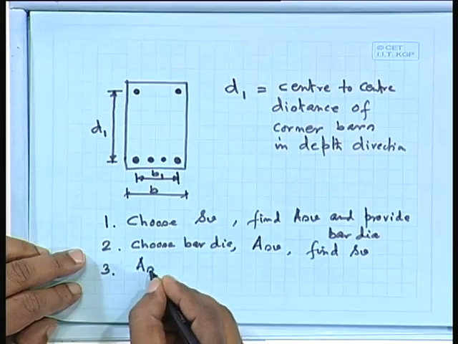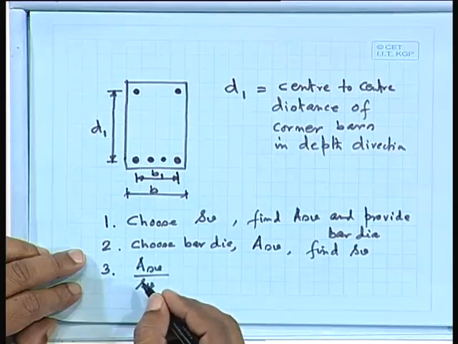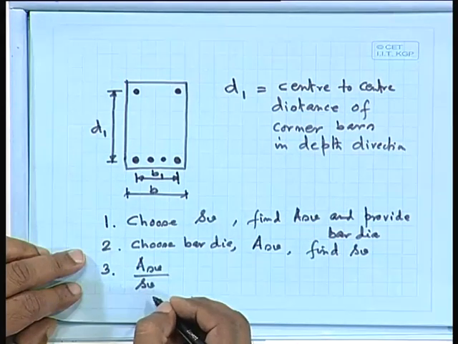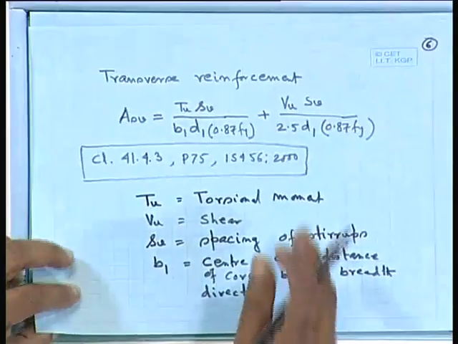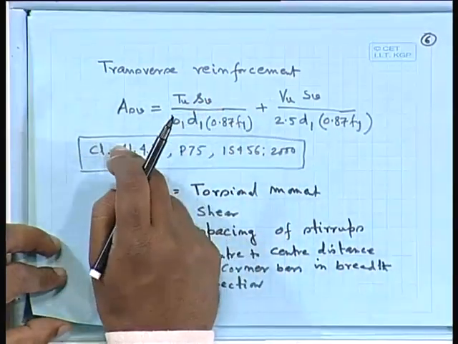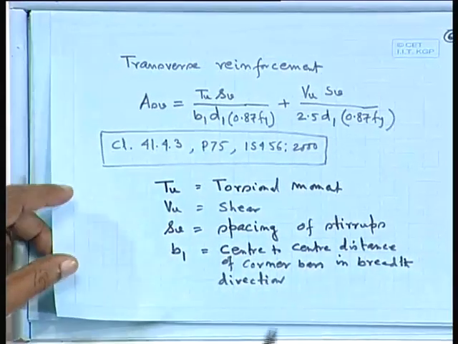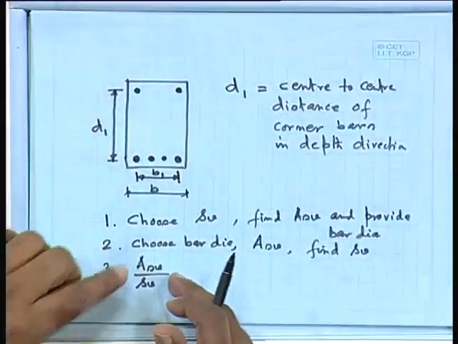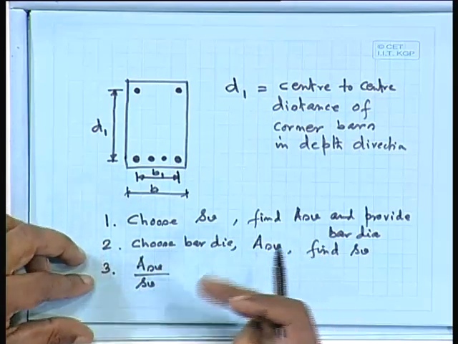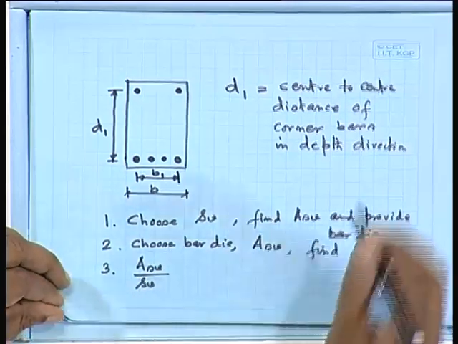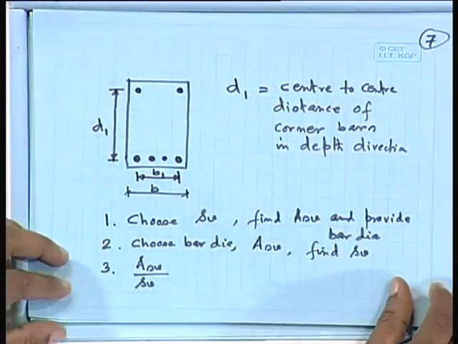That means I can take it as ASV by SV also. So ASV by SV we can find out, and then from there we can find the corresponding value, either selecting ASV or selecting SV. It is not so difficult. Okay, so these are the three procedures, whichever way we shall do it.